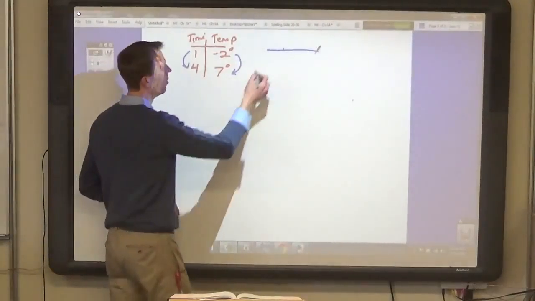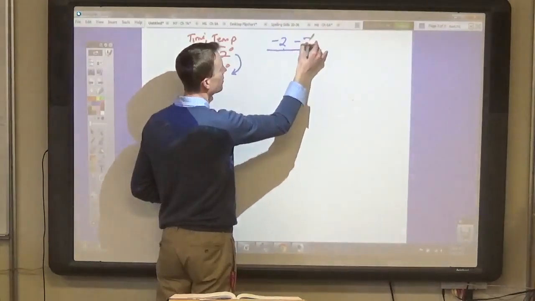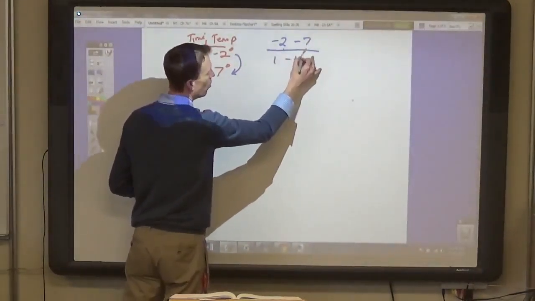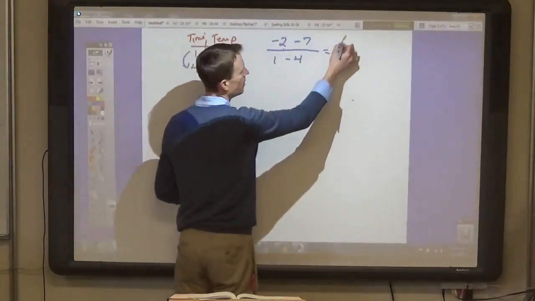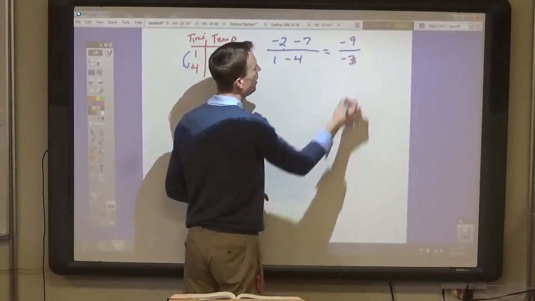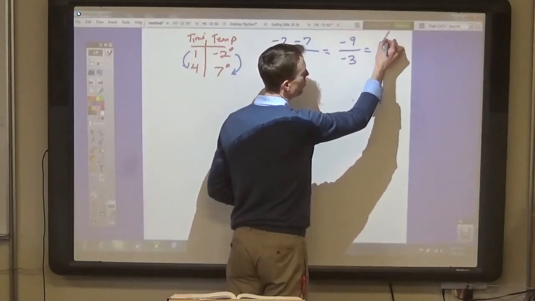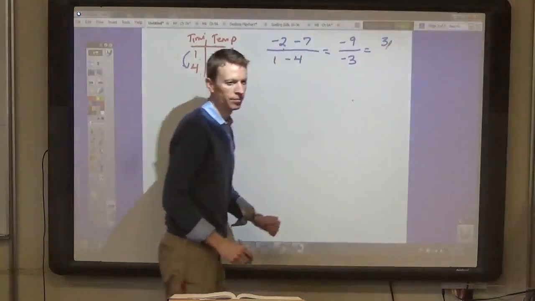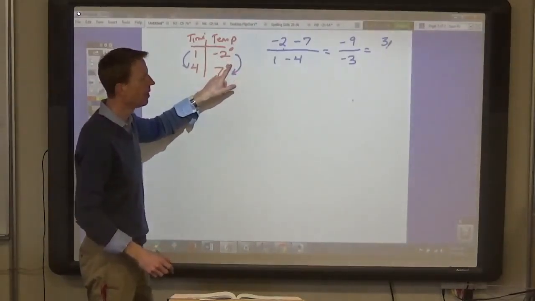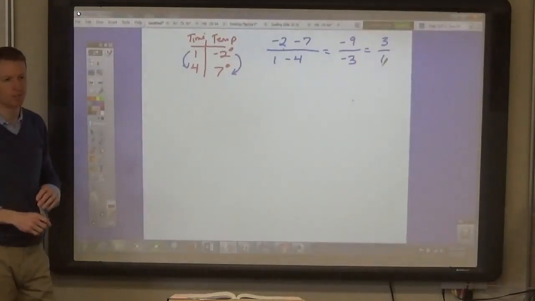So for the change in y, it's -2 minus 7. And the change in x is 1 minus 4. So this is -9 over -3, which is a change of 3 over 1, but what are the labels?